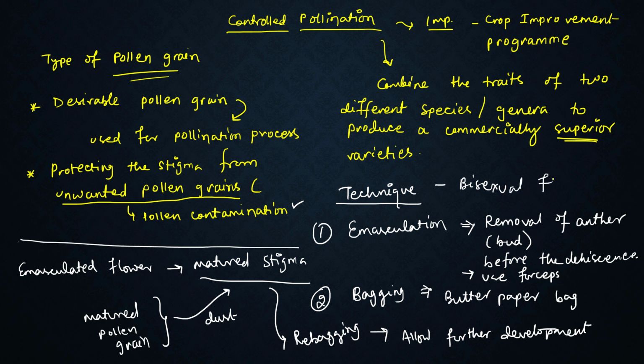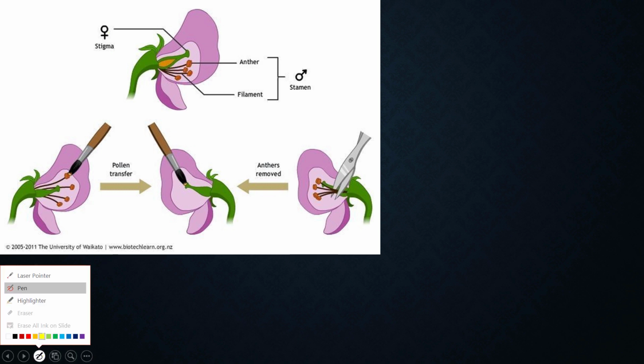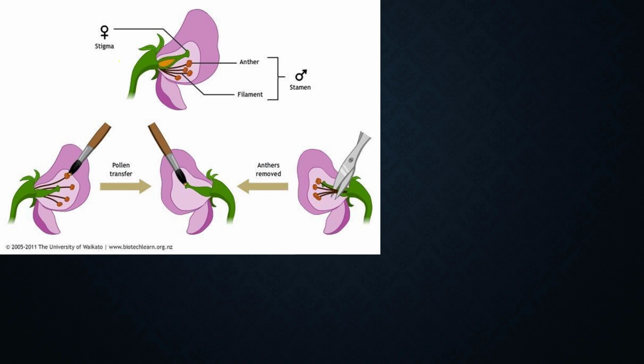So now the question is, what happens in a unisexual flower? Let us talk about the process quickly here, and then we'll continue to what happens in a unisexual flower. As you can see here, we have the bisexual flower with the stigma and the stamens, representing the female and the male components in the flower.